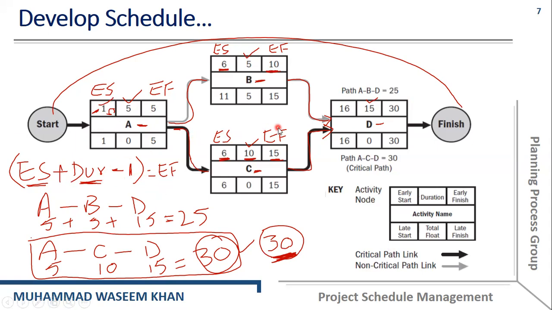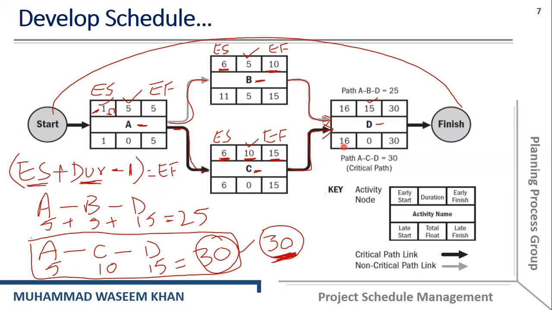We have to use another expression for finding the latest start in the backward direction. So latest finish, which is 30, minus duration, which is 15, plus 1. That will be 30 minus 15 is 15, plus 1 is equal to 16. So 16 would be the latest start of activity D.